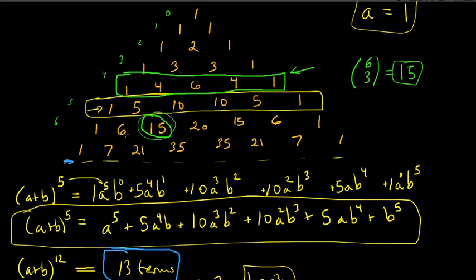Wait, 1, 0, 1, 2. Oh, I'm sorry. This is 6 choose 2, not 6 choose 3. Oops. So I want to pull out 2 names out of the hat, not 3 names. There we go. You have 6 names in a hat, pull out 2 of them at random, then you have 15 ways of doing it.